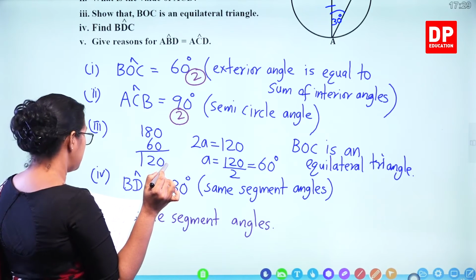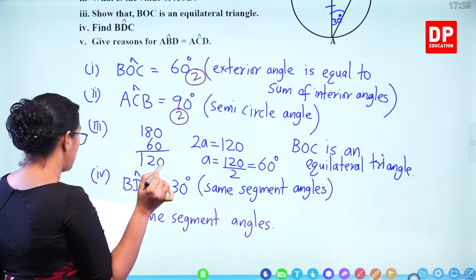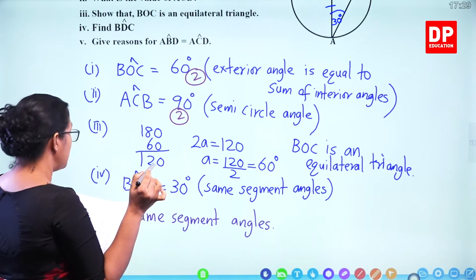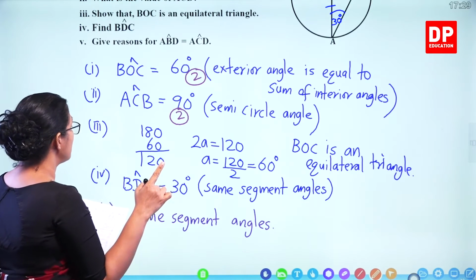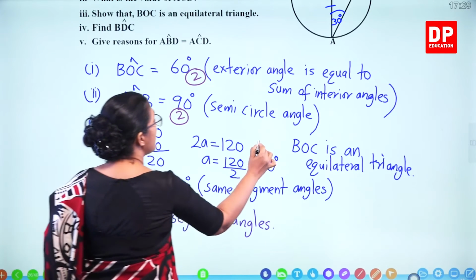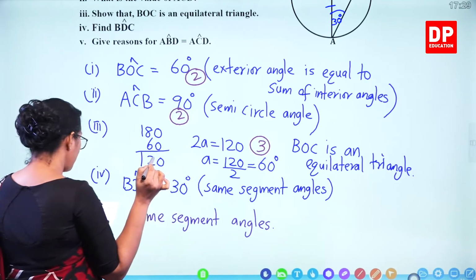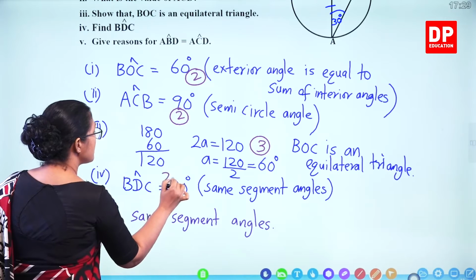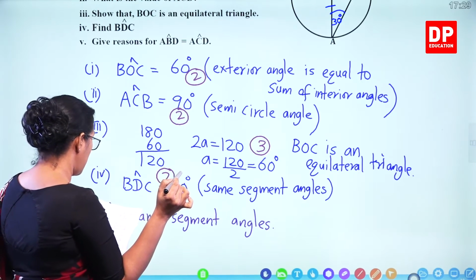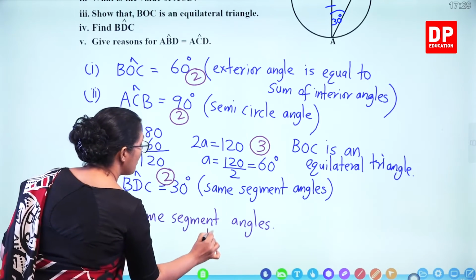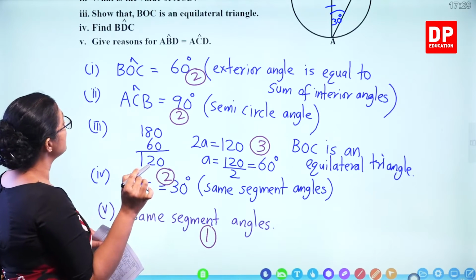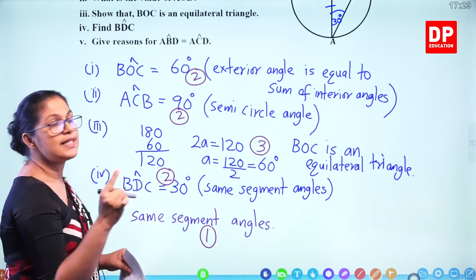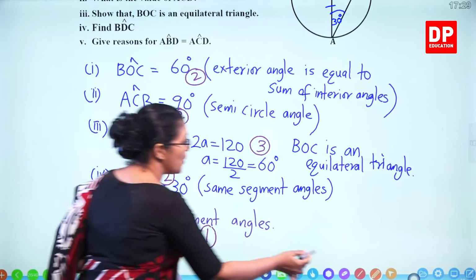Semicircle angles, and you are getting 60 for all, and showing that it's an equilateral triangle, that's 3 marks. And BDC 30 degrees, 2 marks. And same segment angles, 1 mark. So check whether you get 10. 2, 3, 4, 5, 6, 7, 8, 9, 10. 10 marks for the whole question.